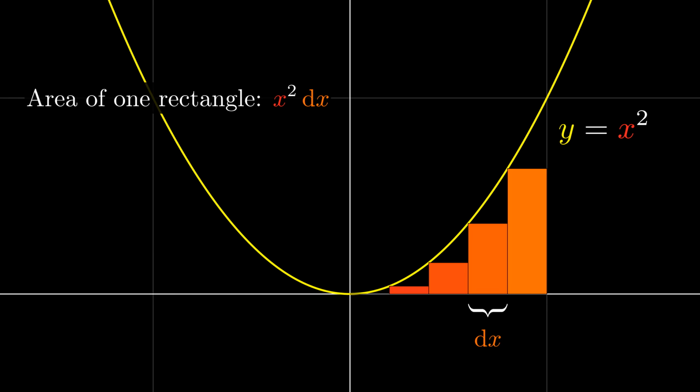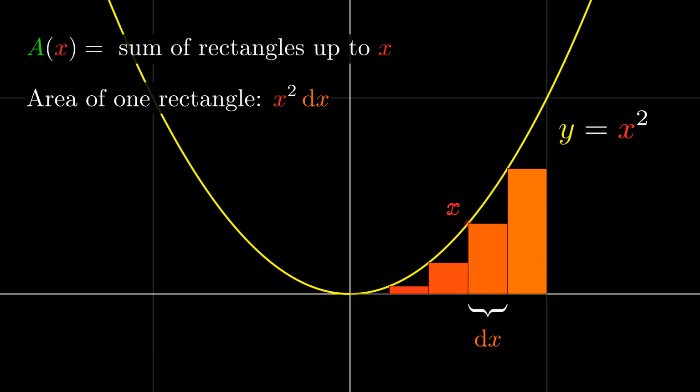Let's think about the sum of all of the rectangles up to a certain point x and call this sum A for area. For example, if x was here, then A of x would be the sum of these rectangles. With this definition of A, the total area is simply A of 1. So if we could find some way to calculate A of x, we could find the area under the parabola.